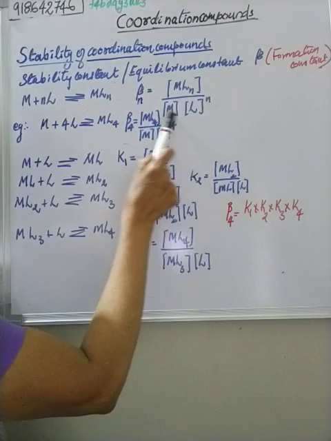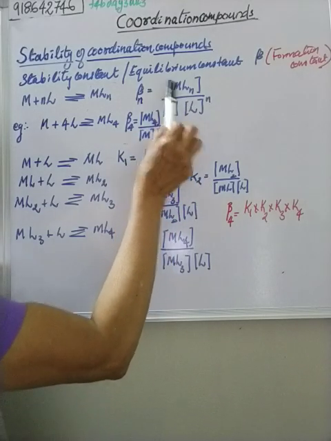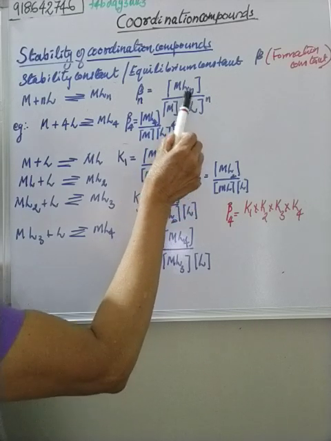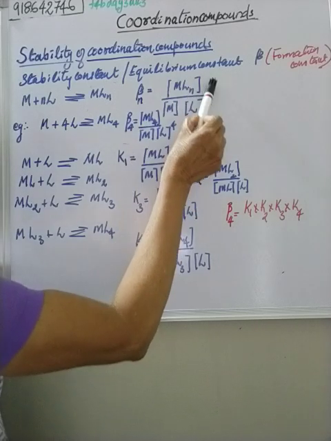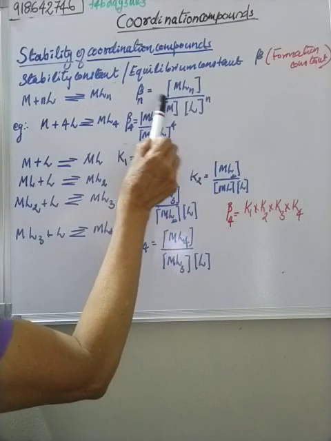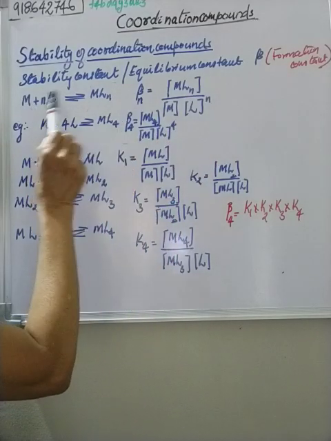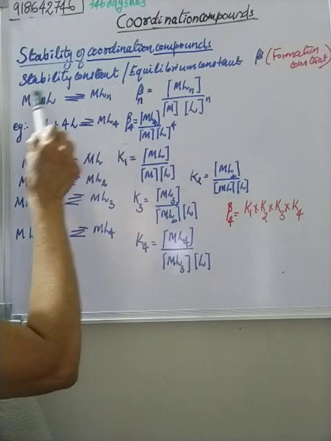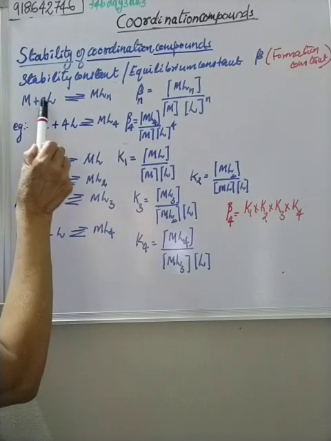This is the normal way of writing the equilibrium constant: product of concentration of products divided by product of concentration of the reactants, with each term raised to the coefficient as power. So this is the formation constant for this equilibrium, which represents the formation of the complex from the metal ion and the ligand.